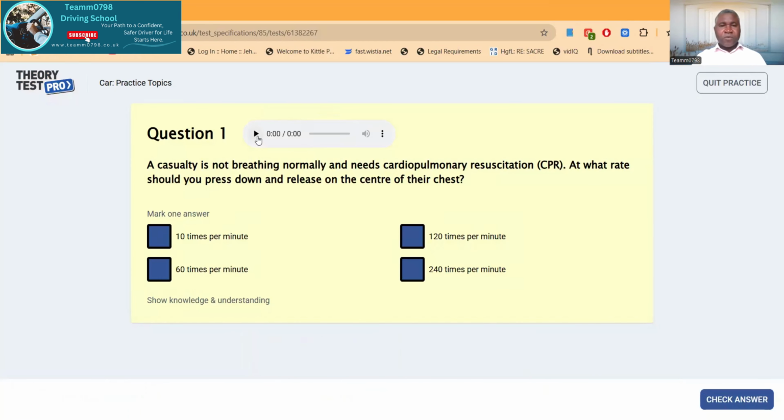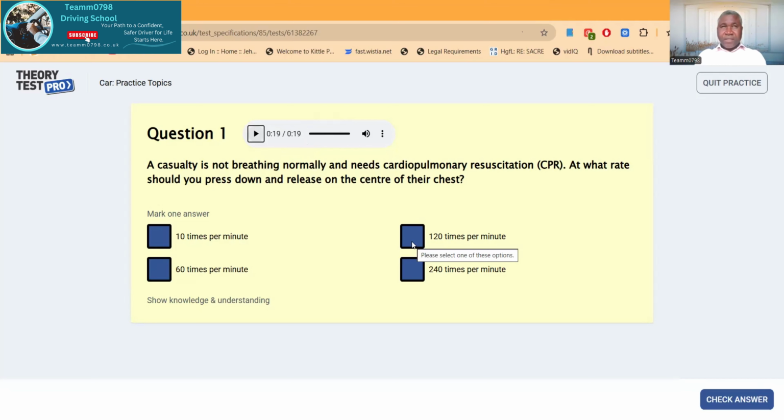Question 1. A casualty is not breathing normally and needs cardiopulmonary resuscitation, CPR. At what rate should you press down and release on the center of their chest? 10 times per minute, 120 times per minute, 60 times per minute, 240 times per minute.